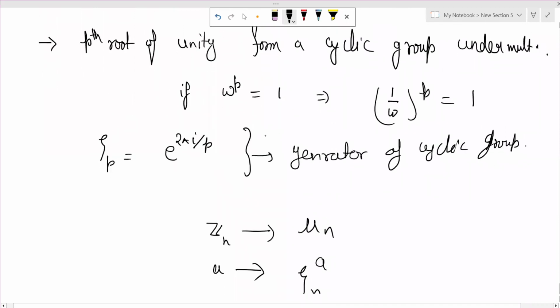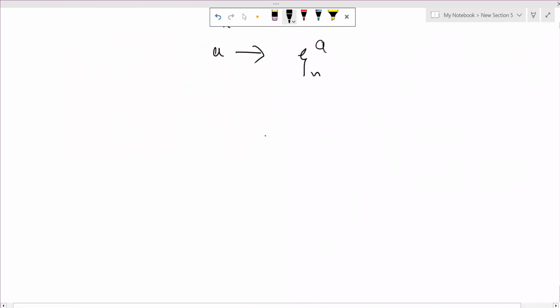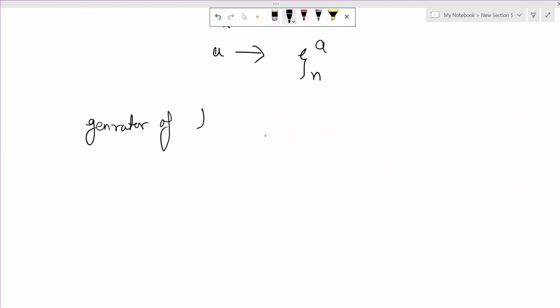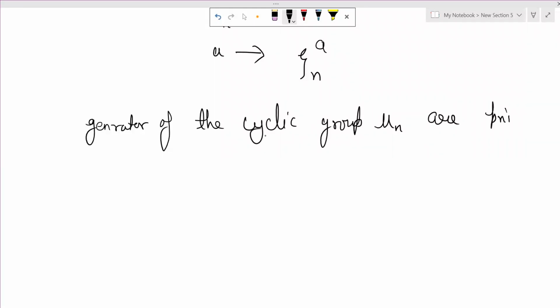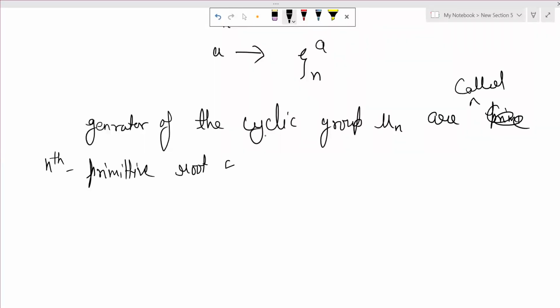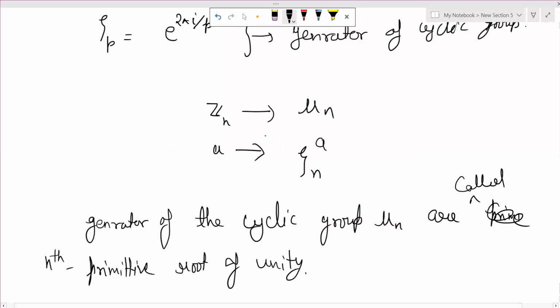These two groups are isomorphic. The generators of the cyclic group mu n are called the nth primitive roots of unity.